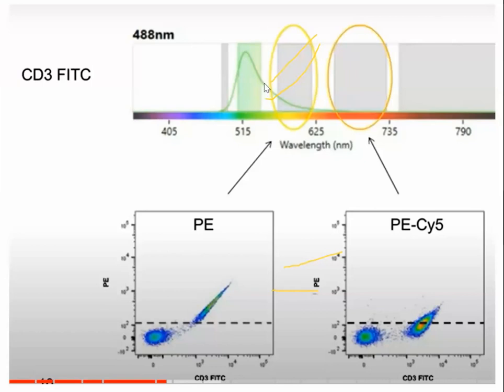A part of this emitted FITC light is also getting collected in the next channel, which is the PE channel. And there is a part of the emitted FITC light which also comes within the range of the third channel, the ECD or PE-Texas Red channel. So the FITC signal is spilling over into PE, and it is also spilling over into PC5. This one you need to understand.